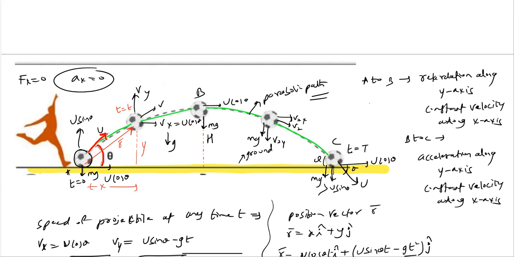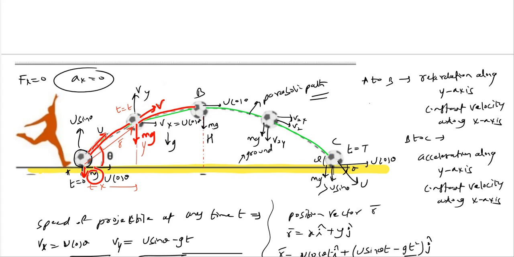Then the ball, because of the weight and velocity, will move in a parabolic path. Again, because of weight and velocity, it will move in a parabolic path. There's one basic idea of why it moves in a parabolic path.